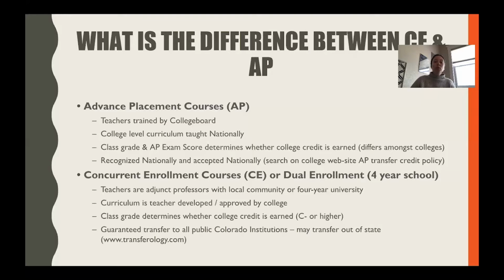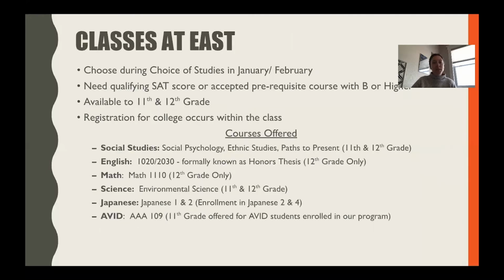Once you look out of state, it really does depend on each school, but what we are finding is that as the popularity of concurrent enrollment has grown, so has the national understanding and the national transferability of courses. You would want to connect with your future college list and ask them what courses they accept. You can also go to the website transferology.com and put in the schools you're interested in and the concurrent enrollment course, and it will tell you how it's accepted.